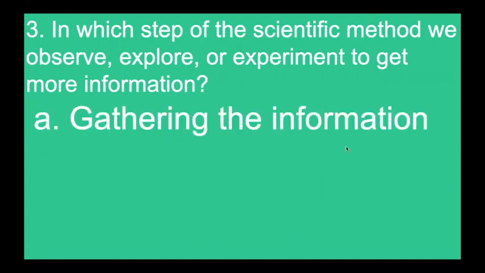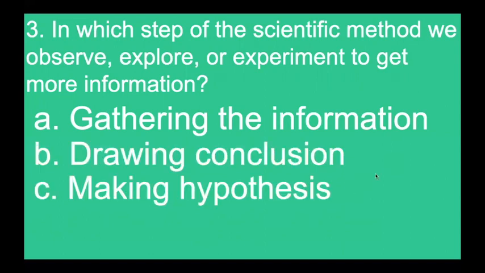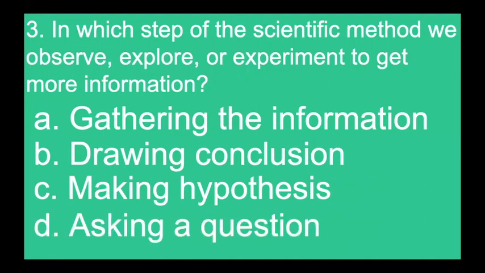Answers: A. Gathering the information. B. Drawing conclusions. C. Making hypotheses. D. Asking a question. All right, so the question is, in which step of the scientific method do we observe, explore, or experiment to get more information?